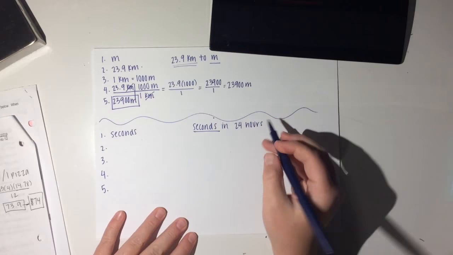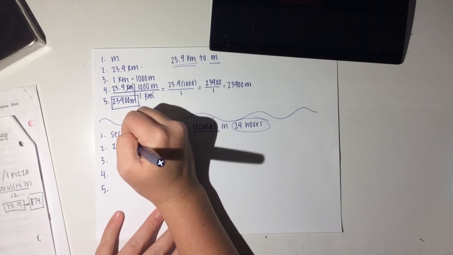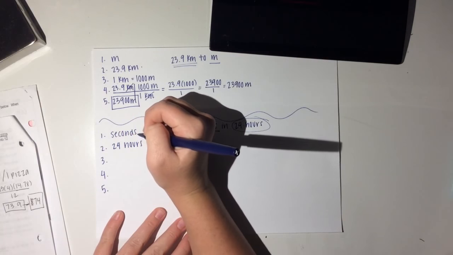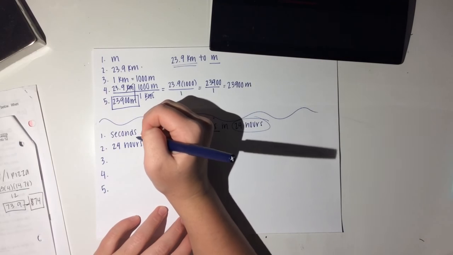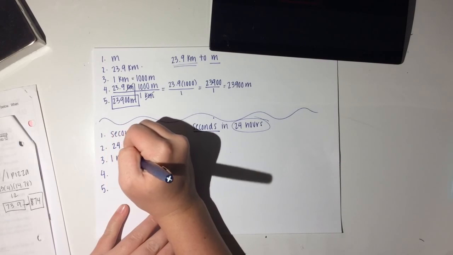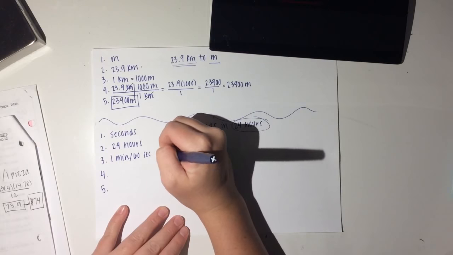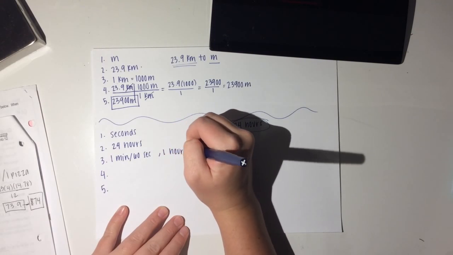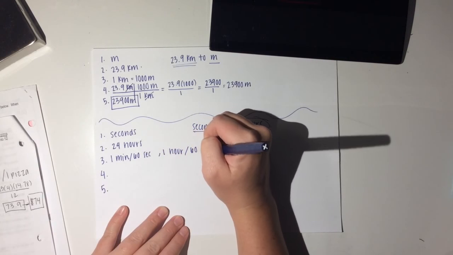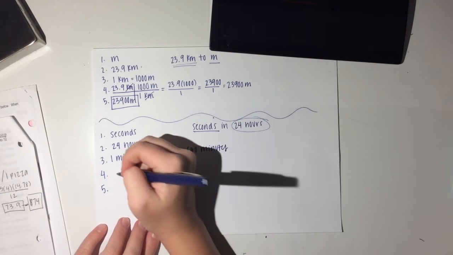Step 2 is our given information, 24 hours. Step 3 are any conversions or equations. So we can write something like 1 minute and 60 seconds, 1 hour and 60 minutes. And then, let's begin.